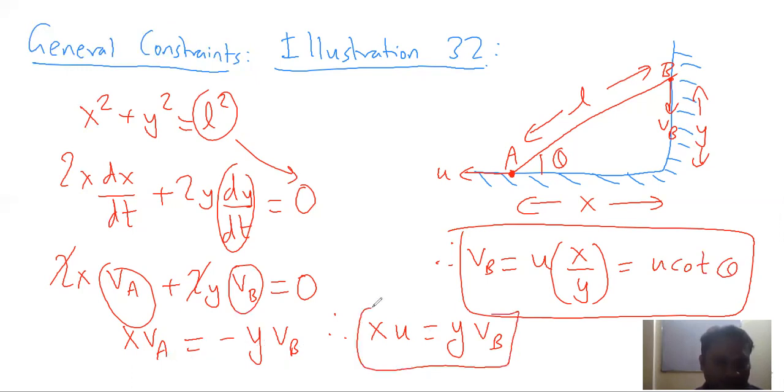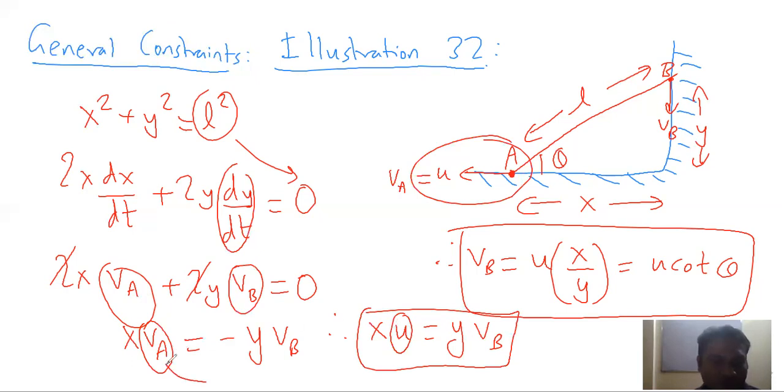So VB is u x upon y. How did I write this u here? Because the velocity of point A is given as u, so VA is nothing but u. So x u is equal to y VB, and VB comes out to be u into x upon y. But from this triangle, cot theta is x upon y, so I substitute x upon y as cot theta. So this is one method to solve this kind of question.